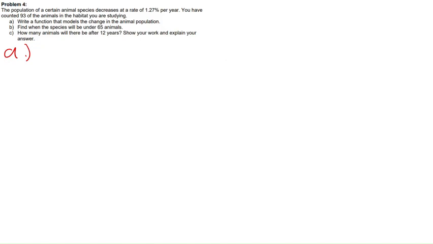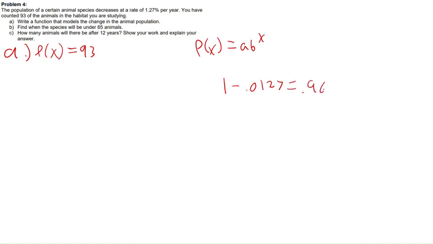So to make this, we have to do population function equal to, and this is the normal equation, but if we're applying it to this example, we're going to have p of x equal the initial value, which is 93, and then the rate is decreasing, so we need to do 1 minus 0.0127, and that will equal 0.9873. So it's 0.9873 to x, which is time in years.